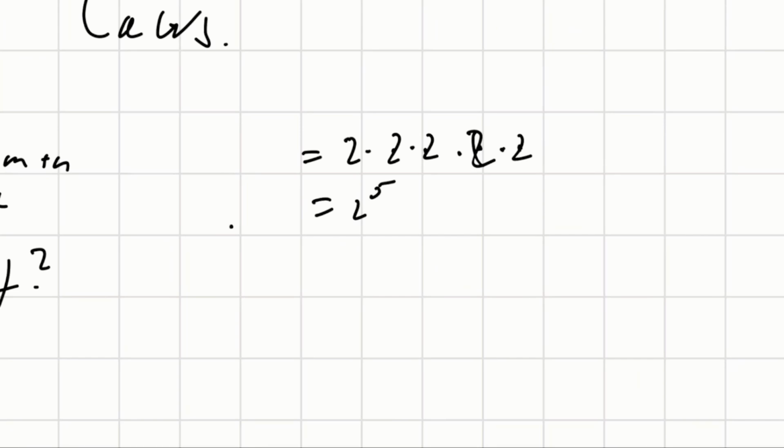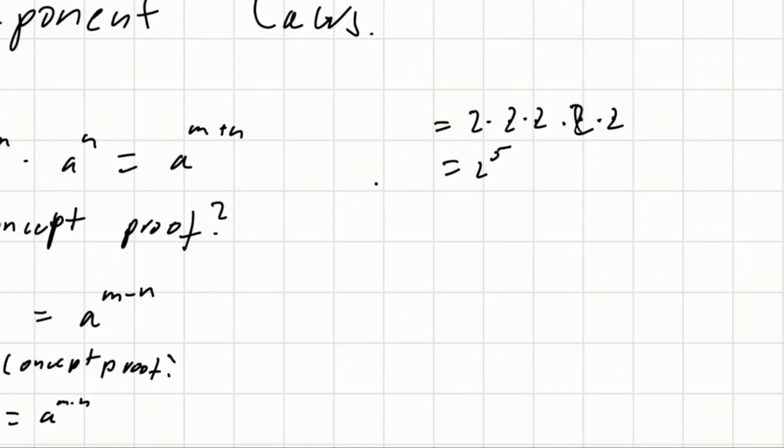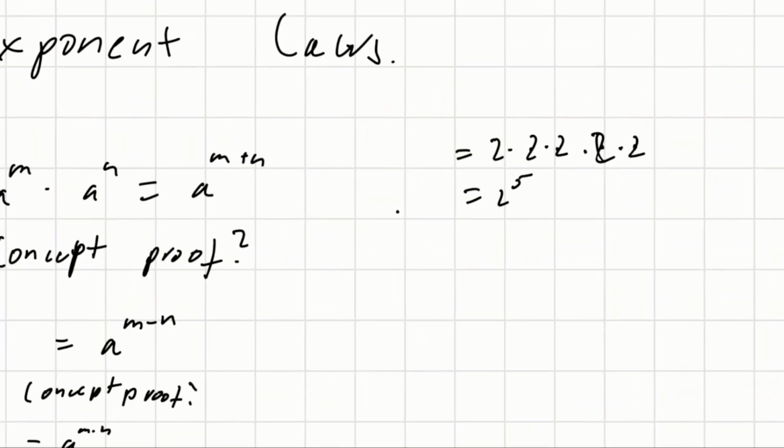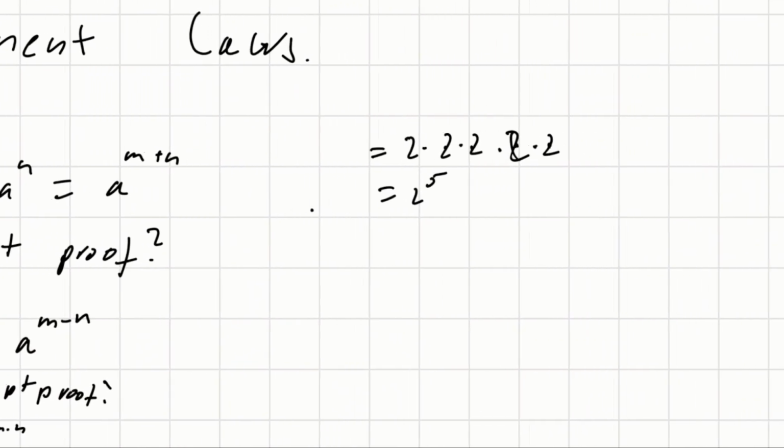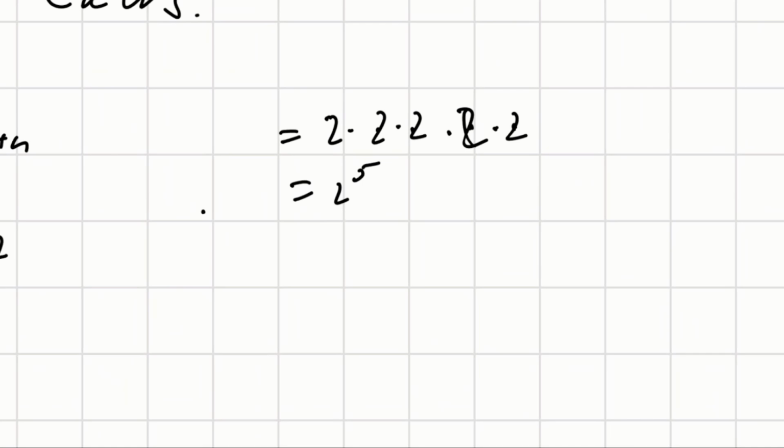This is the basic concept proof, just understanding what an exponent actually does, which is saying how many times you multiply the number by itself.